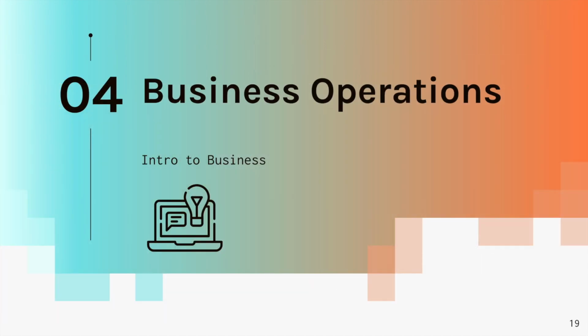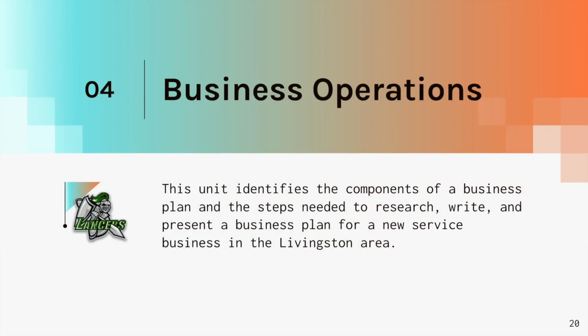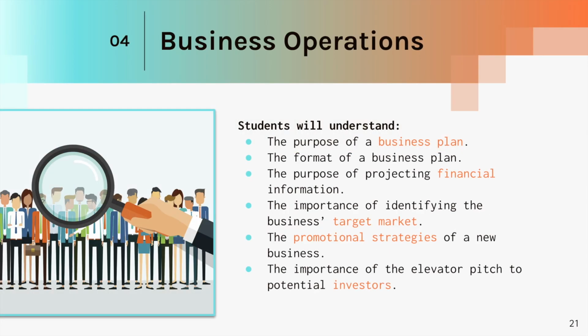In Unit 4, Business Operations, students will have the opportunity to identify the components of a business plan and the steps needed to research, write, and present a business plan for a new service business in the Livingston area. In this unit, students will understand the purpose of a business plan.